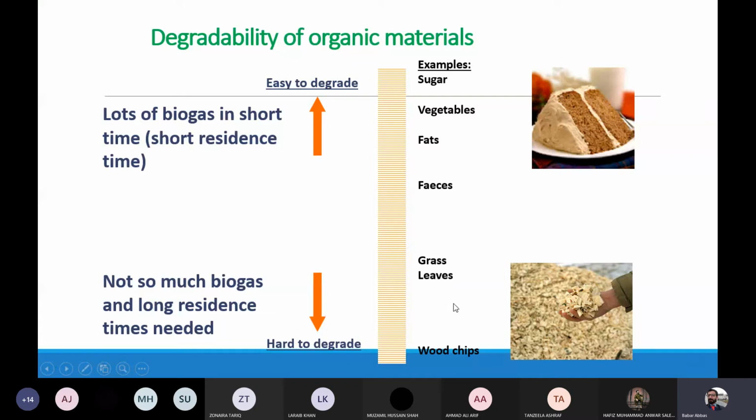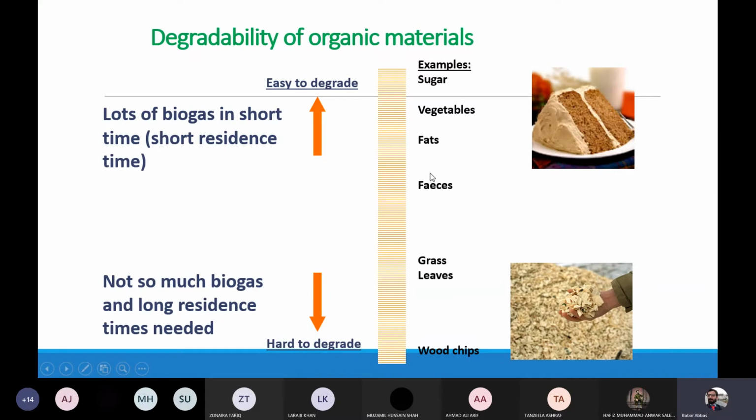So it's not that you have to add each and every organic fraction into the biogas plant. You look at the biodegradation factor of the relevant waste setups, and then you add those things into the related process accordingly.